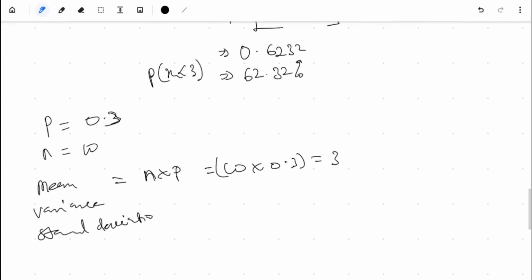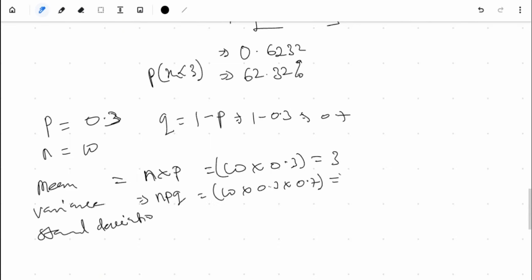So this is our mean. If you talk about our variance, it is the number of samples multiplied by the probability of success by the probability of failure, right? So our sample is 10, probability of success is 0.3, and our probability of failure is 1 minus our probability of success, which is 1 minus 0.3, which yields 0.7. So here will be times 0.7. So our variance will be 2.1, right?